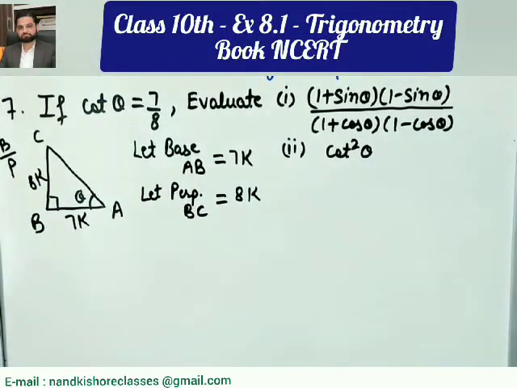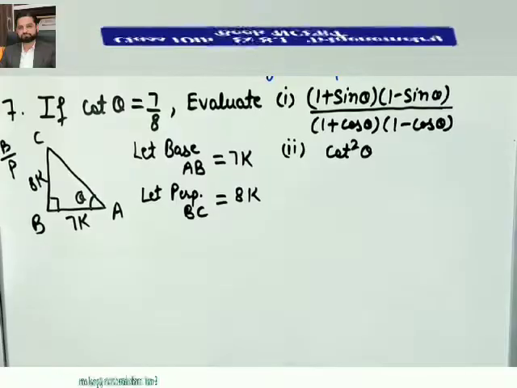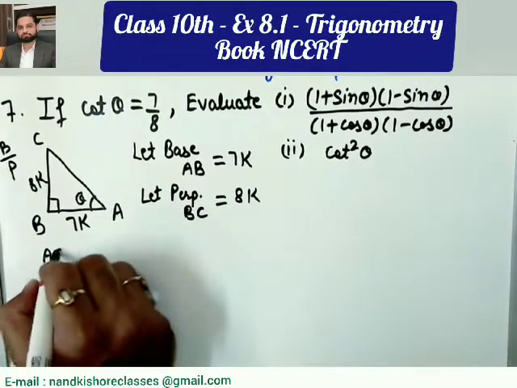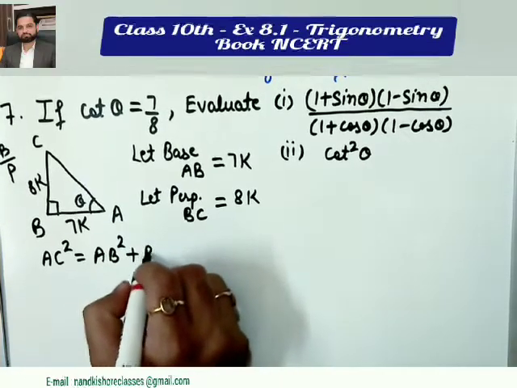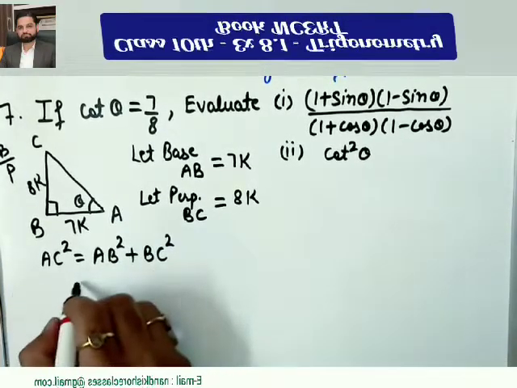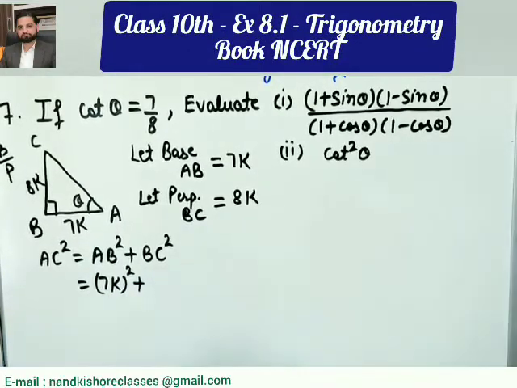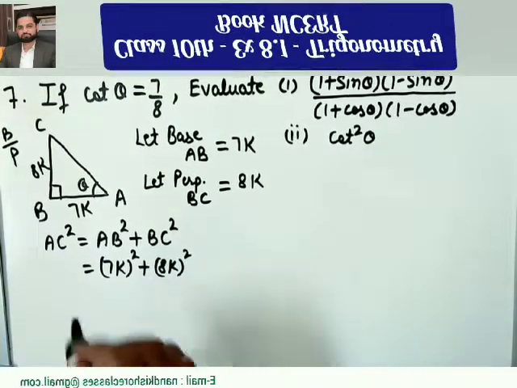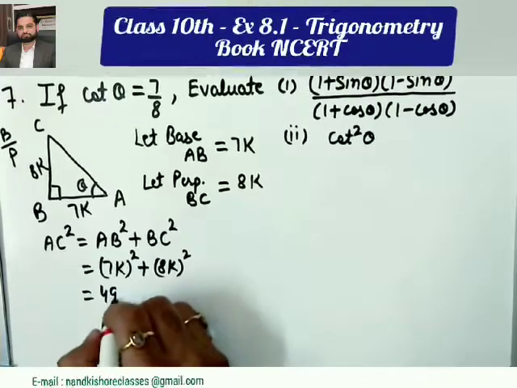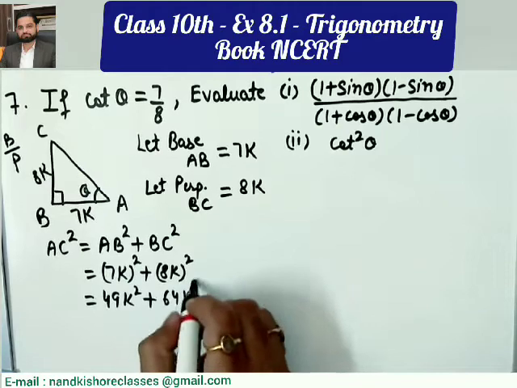So what we need to do first is find AC. Using Pythagoras theorem, find the hypotenuse. That is the first step we should do. How? AC square is equal to AB square plus BC square, right? This formula will be used. AB is 7k, BC square is 8k square. 7 square is 49k square plus 64k square.